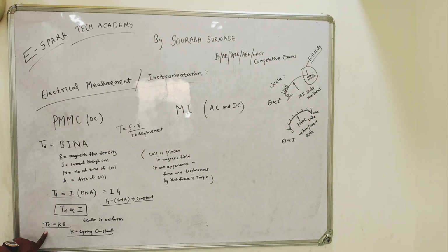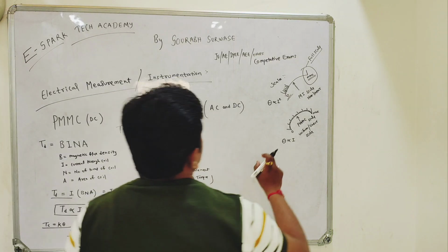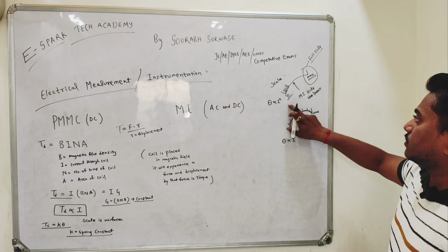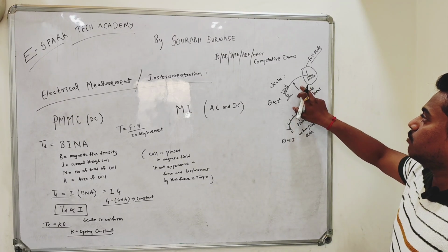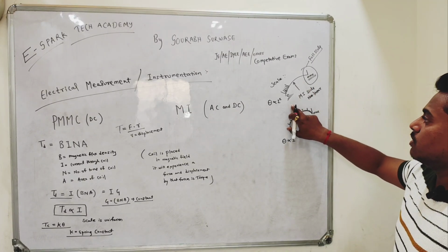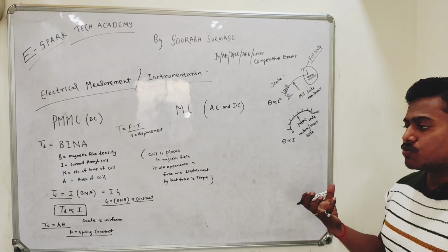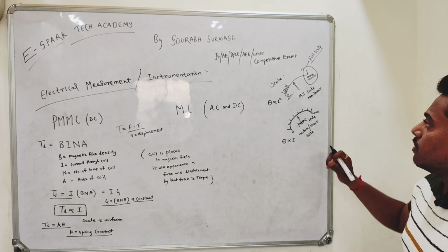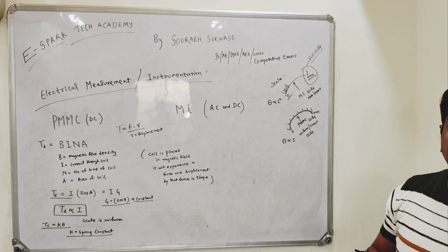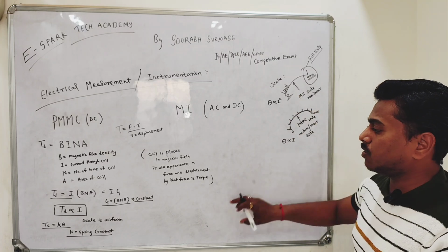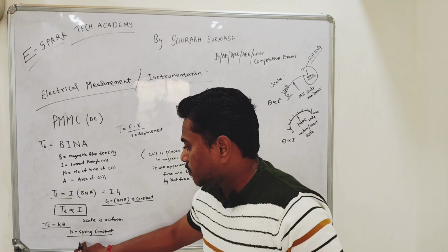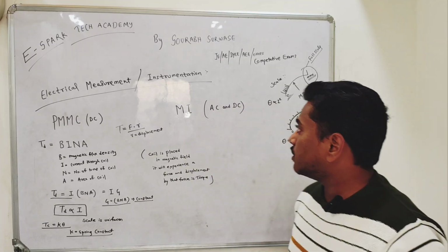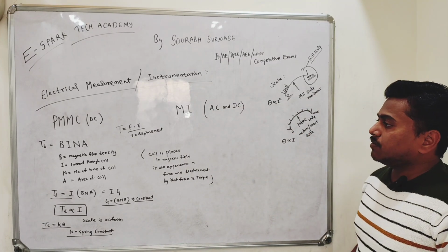And controlling torque, TC. TC is nothing but whenever you experience a kind of deflection and then the pointer comes to its rest position after some sort of pressure in order to maintain the equilibrium position of that pointer. This spring acts in the opposite direction of the deflecting torque.